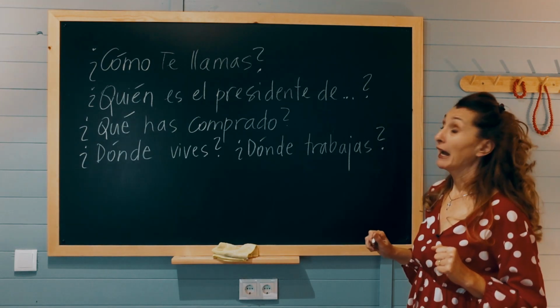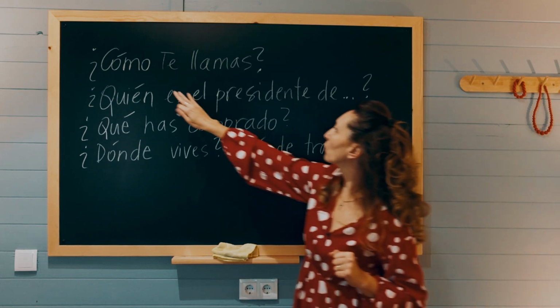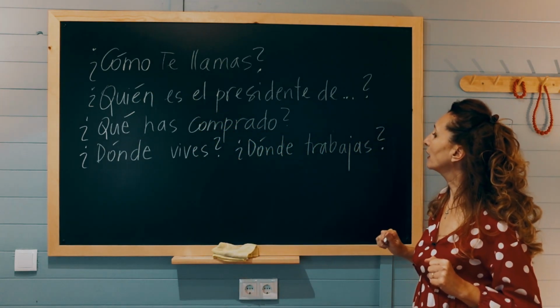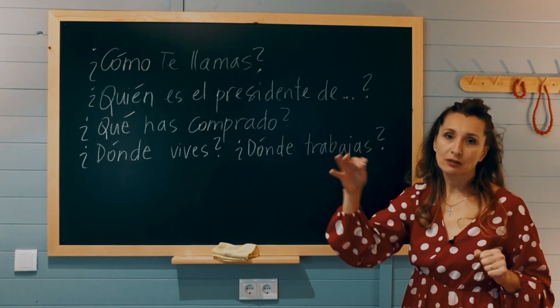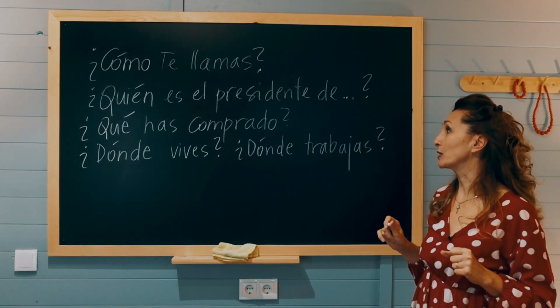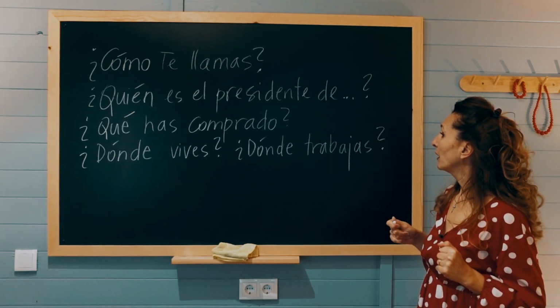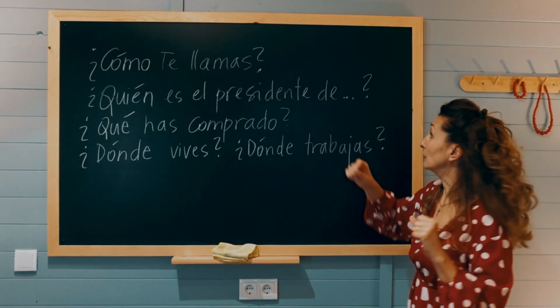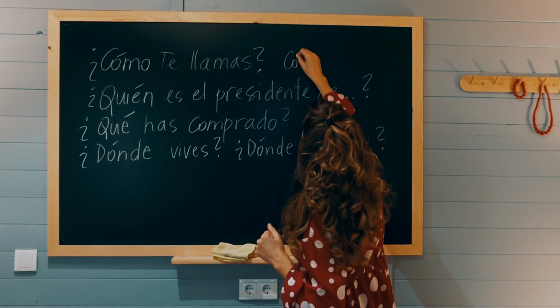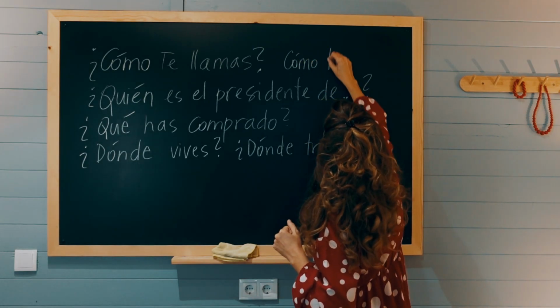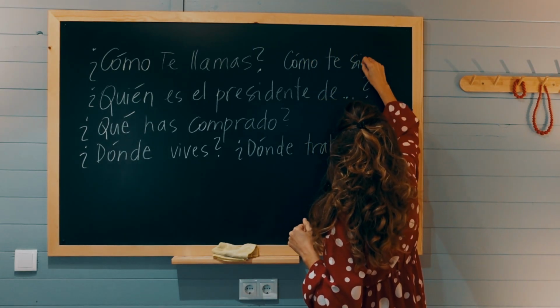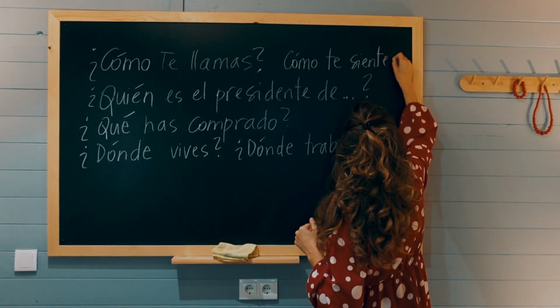Okay. How? Oh, okay. How we already have here. ¿Cómo? Okay. How are you called? Which obviously is not the way you would say it in English, but ¿cómo means how. No? How do you feel? Okay, I will give you another example. ¿Cómo te sientes?